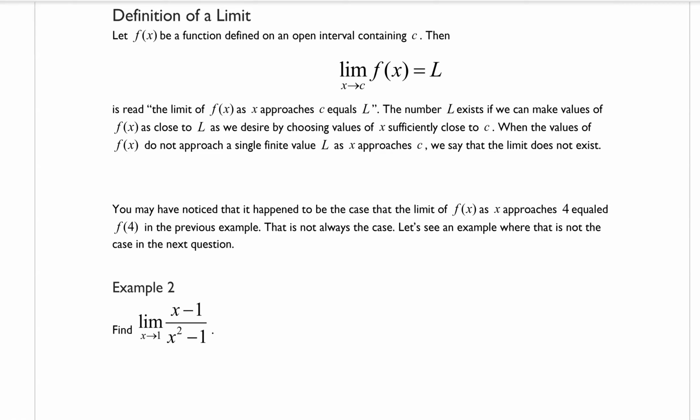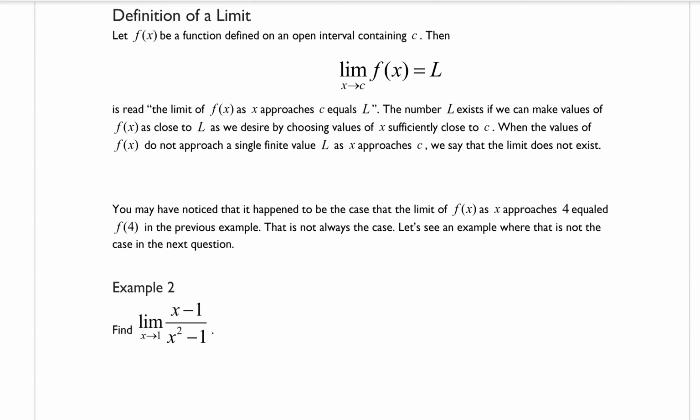Then we have this funky notation here, but the way that we read that is the limit of f of x as x approaches c equals L. The number L exists if we can make values of f of x as close to L as we desire by choosing values of x sufficiently close to c. When the values of f of x do not approach a single finite value L as x approaches c, we say that the limit does not exist.